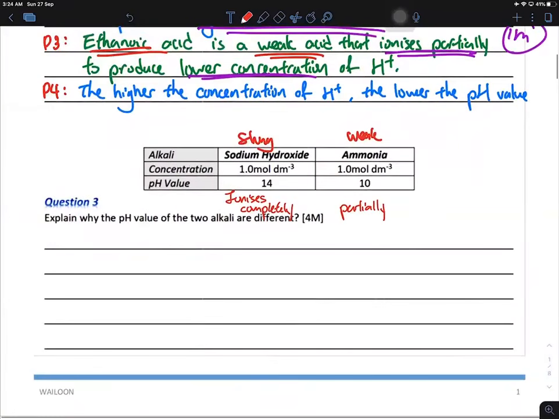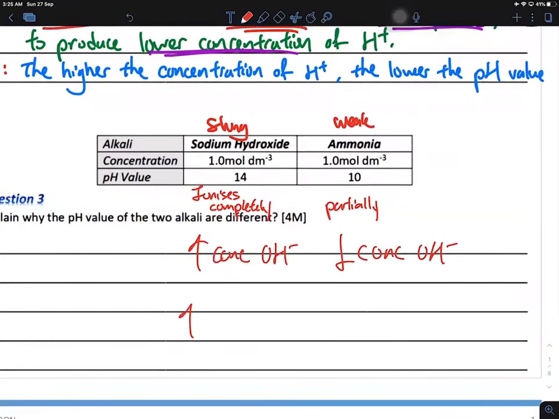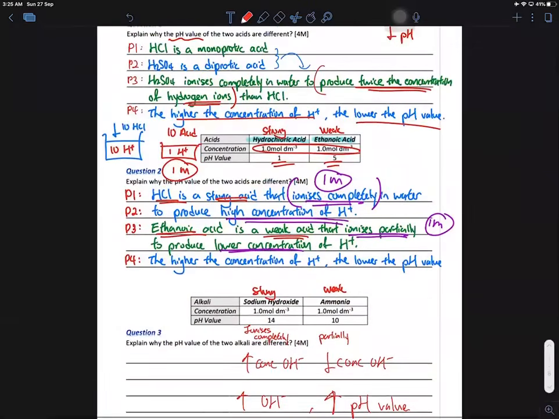And then ionizes completely has higher concentration of OH negative, but partially has lower concentration of OH negative. So in the end, the conclusion, the relationship is the higher the concentration of OH minus, the higher the pH value. So that's the explanation for strength.